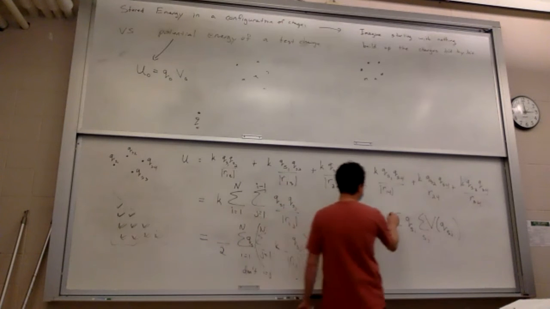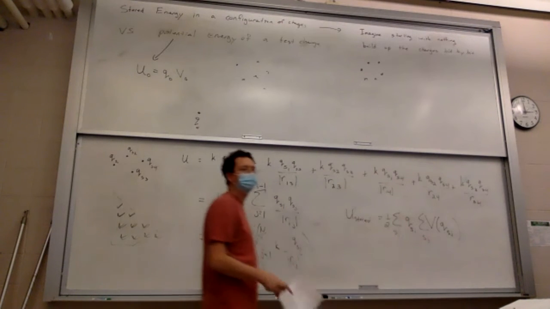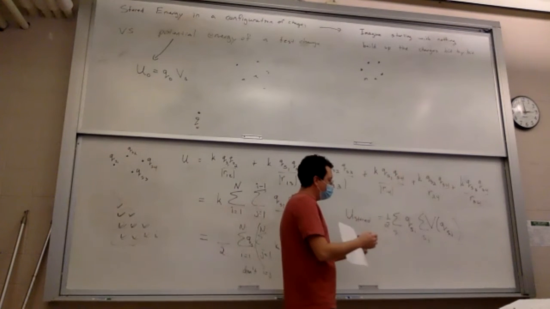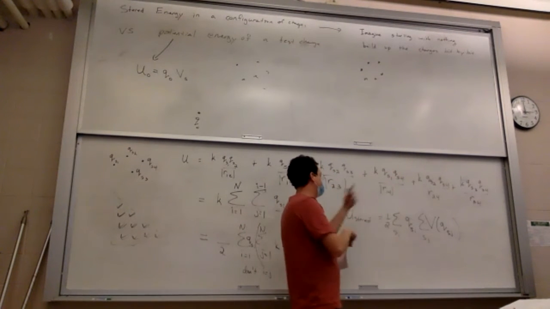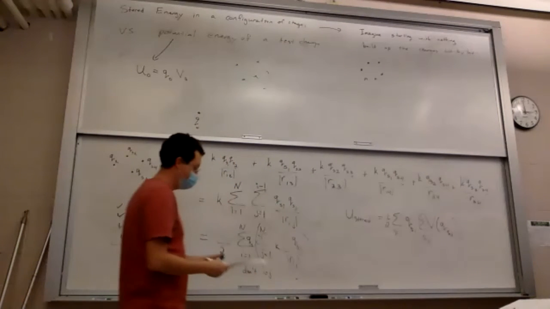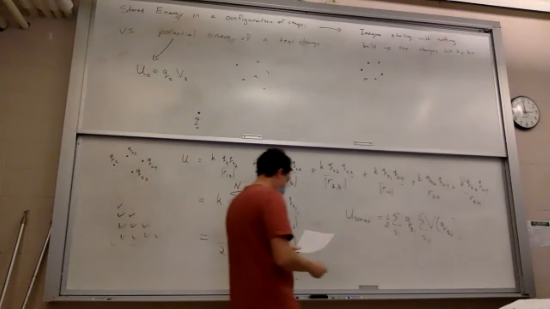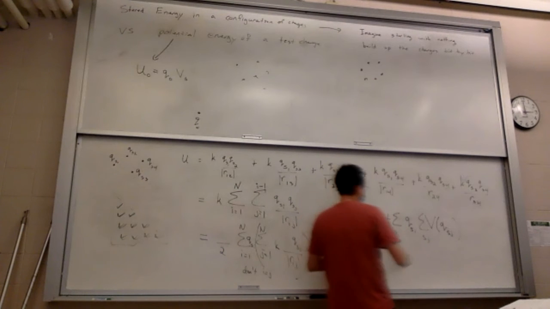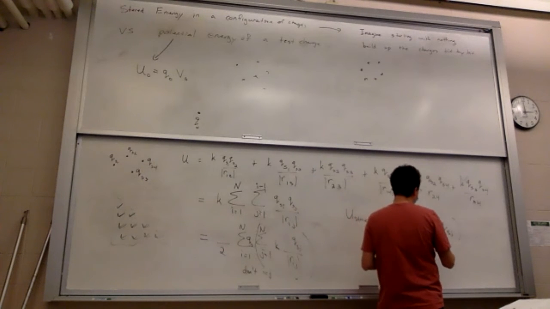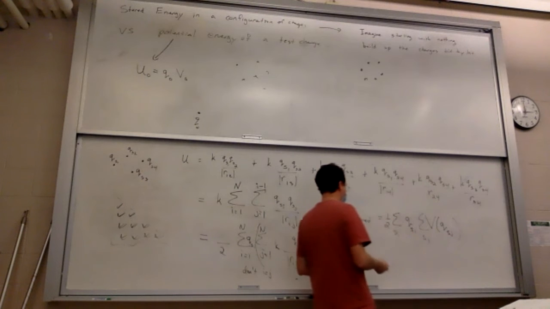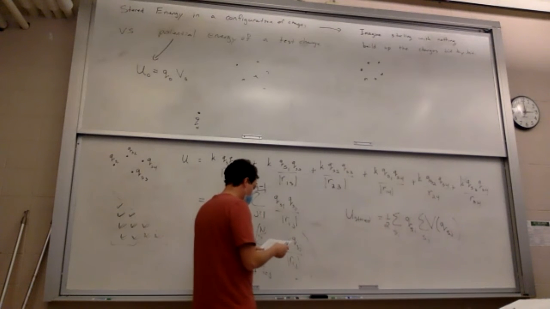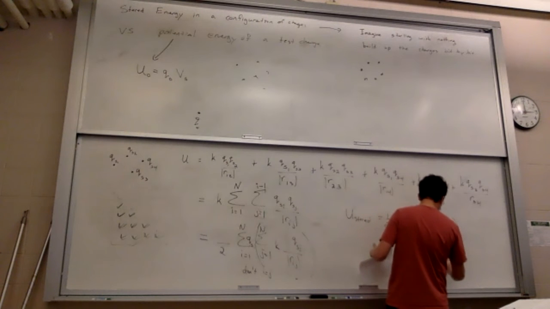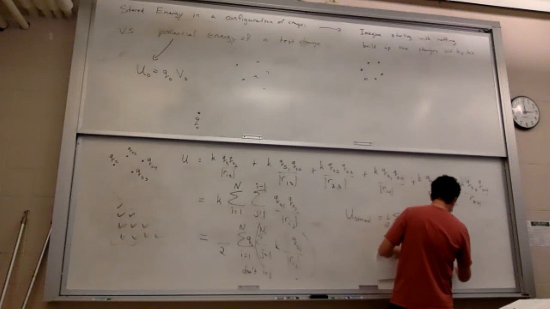And you get a half. So if I have a cloud, basically you can imagine... Basically, we can call this the potential at psi.